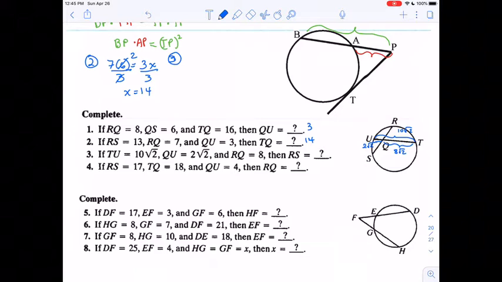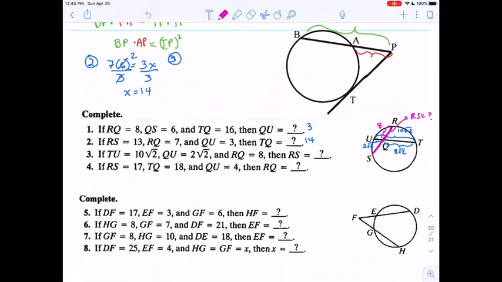10x minus 2x is 8x, so 10 rad 2 minus 2 rad 2 is 8 rad 2. The next piece of information gives us RQ is equal to 8. And RS, the entire quantity, is what they want us to figure out. So the question is, what is RS equal to?